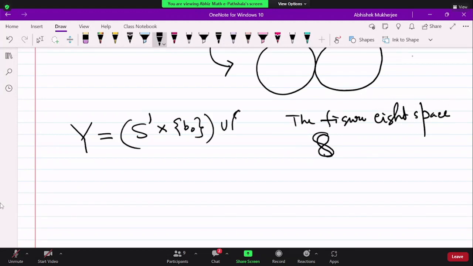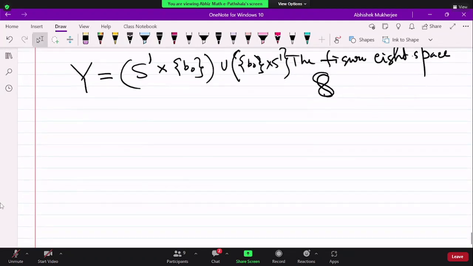Union B naught cross S1. So this is the union of two circles having one point in common, and it is equipped with the usual topology in C2 cross C2, right? What would be the topology here? C cross C, right?